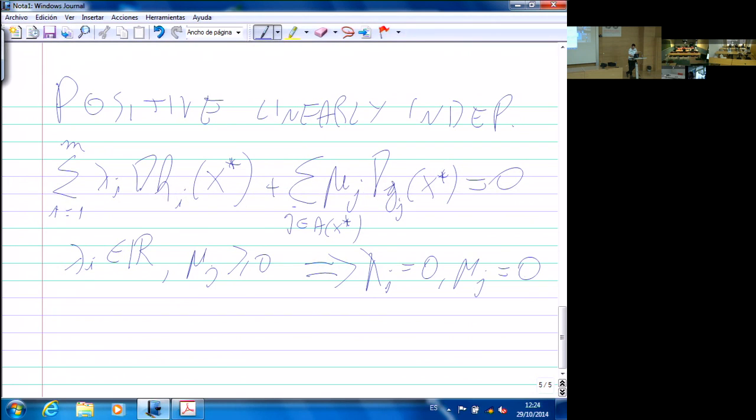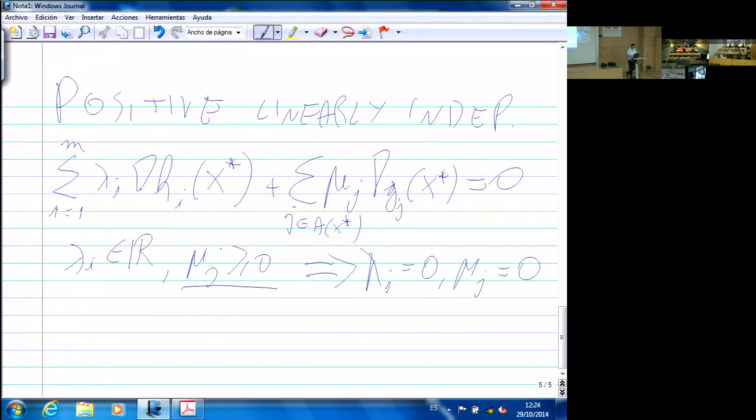The linear independence doesn't have this condition on the sign of mu j. So this gives a stronger condition. You must have 0 if you have these additional combinations where the sign is possibly non-zero and non-negative.